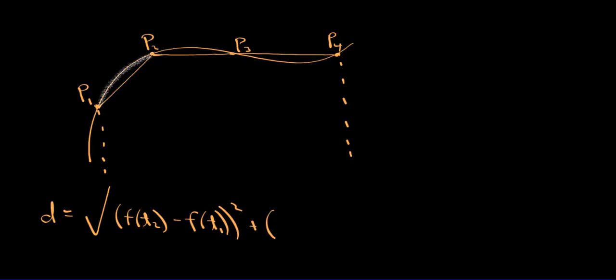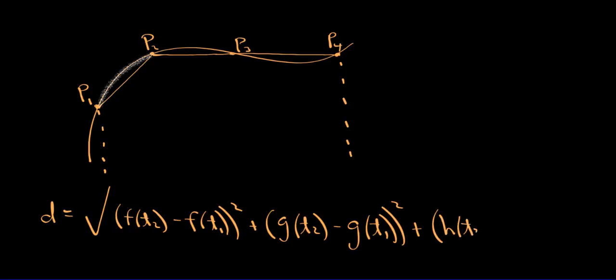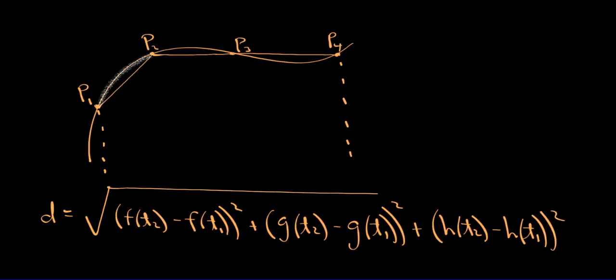So I'll do all that, and I'll do that for each one of these. Let me know if there's something that I'm doing that you disagree with, so maybe we can talk it through. So that is definitely the distance from point 1 to point 2. We know that. There's no question about that.